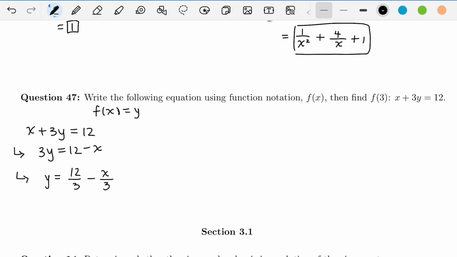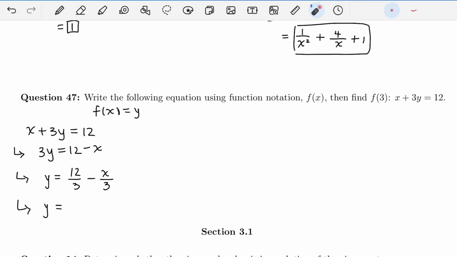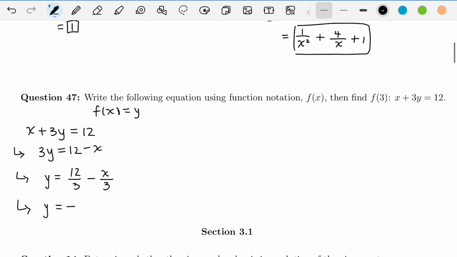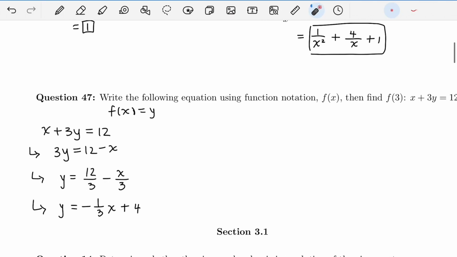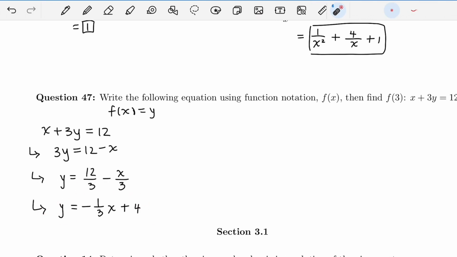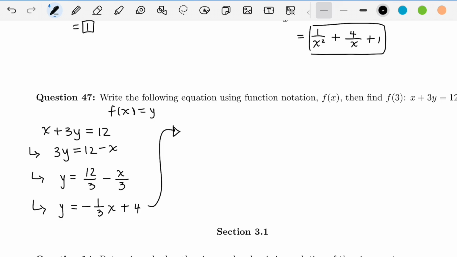And then simplifying this further, I'm also going to reorder these terms here so that this x term is in the front. This will be -1/3 x, and then 12 over 3 is just going to be 4. So this is our equation solved for y, so this means we can rewrite it with function notation like this here.